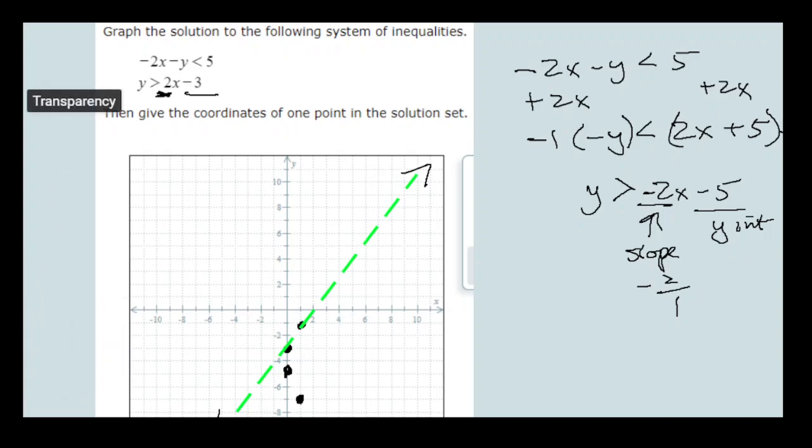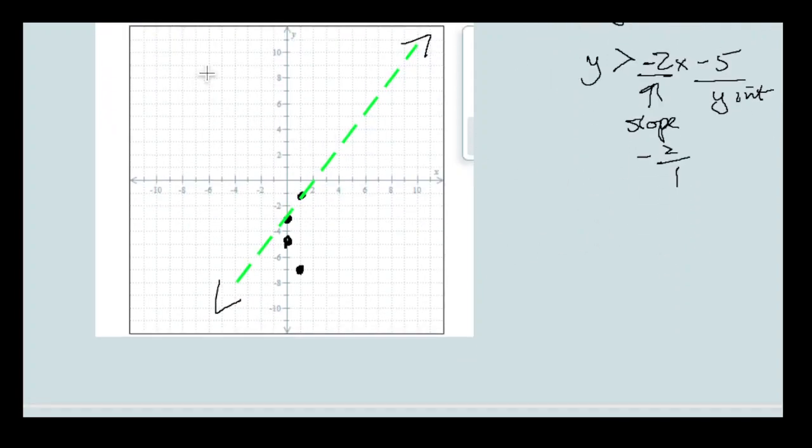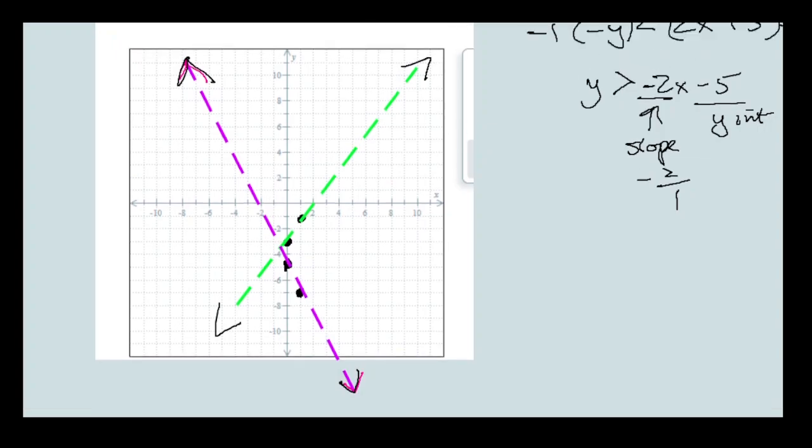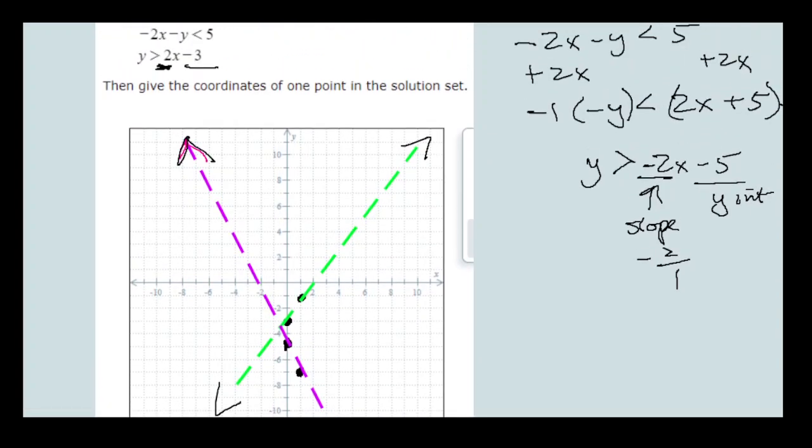So I'll switch my line over, and I'm going to move this up a little so I can get a little more of this. We're going to do another dashed line that goes through here like this. Okay, put your arrows on. Red arrows, purple arrows, no thank you. There we go.